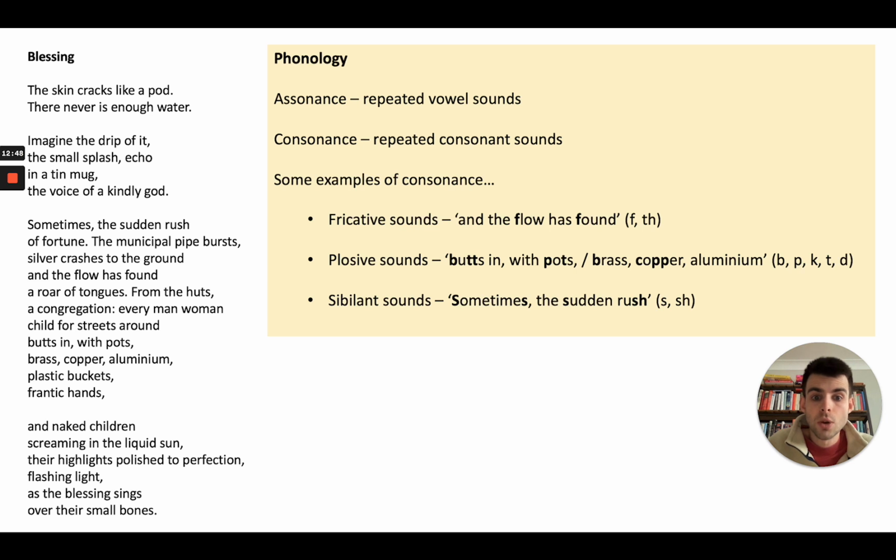So it's talking about that moment of water, the contrast between the drip that usually comes into the tin mug from the tap, but now a rush. And so maybe the shh is meant to echo the sound of the water pouring out of the pipe when it bursts.